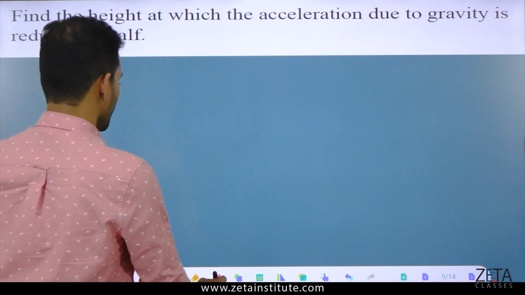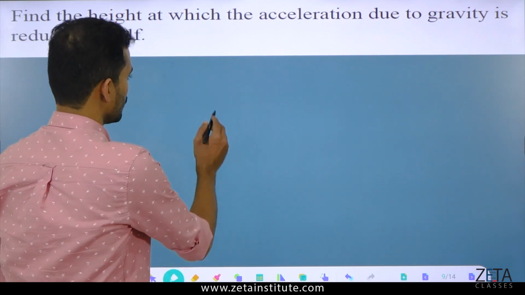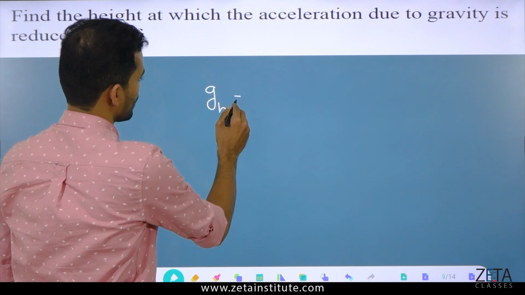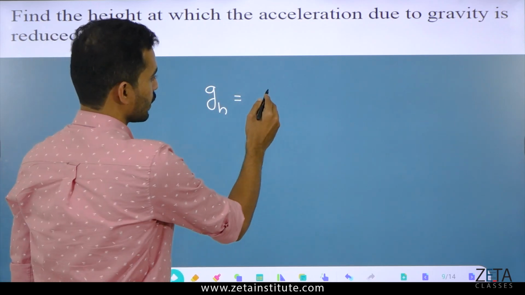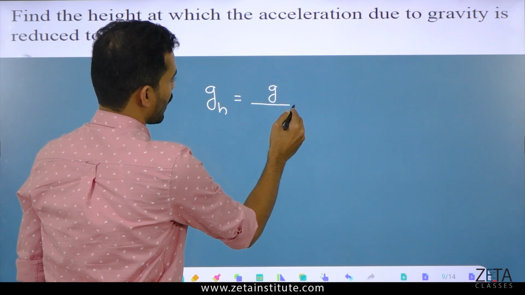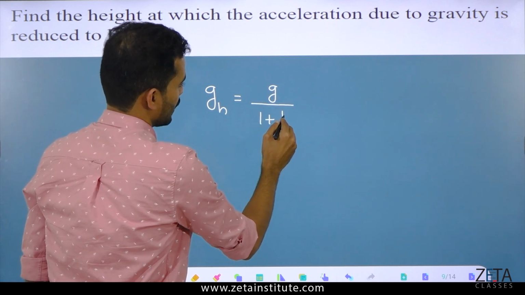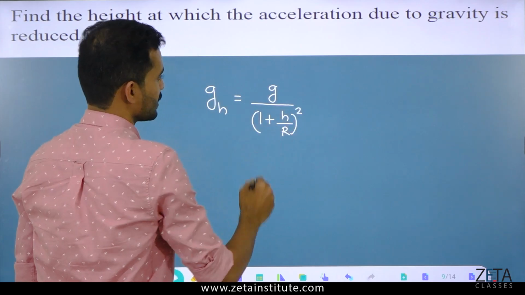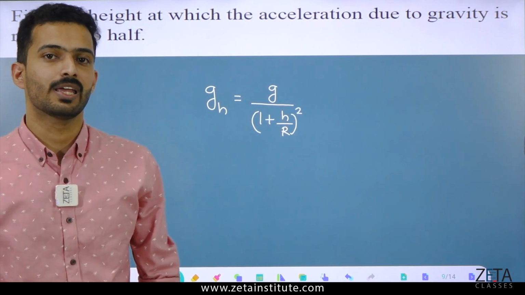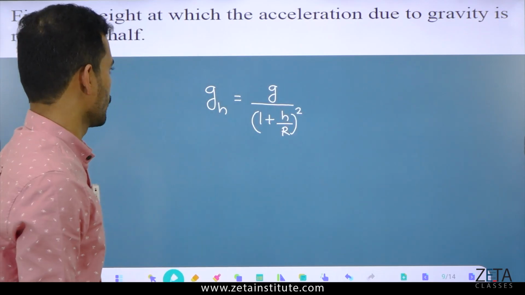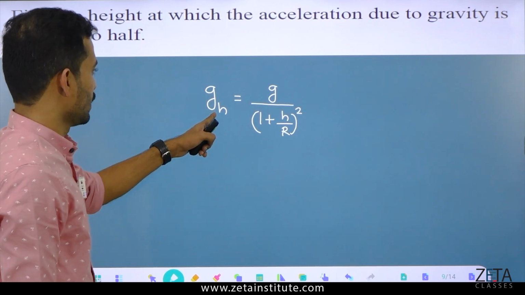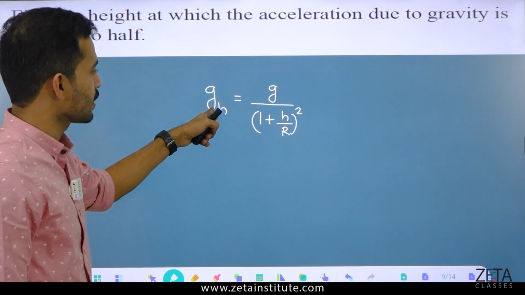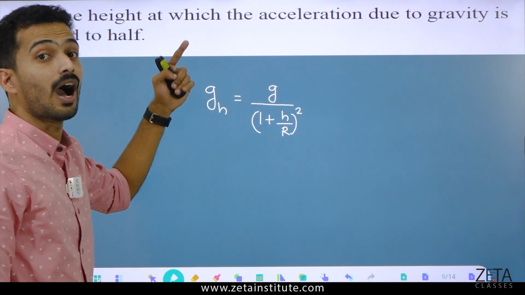At a height h, we have an equation to calculate acceleration due to gravity, that is gh is equal to g divided by (1 plus h by r) all squared. You have to find the height at which the value of acceleration due to gravity becomes half.